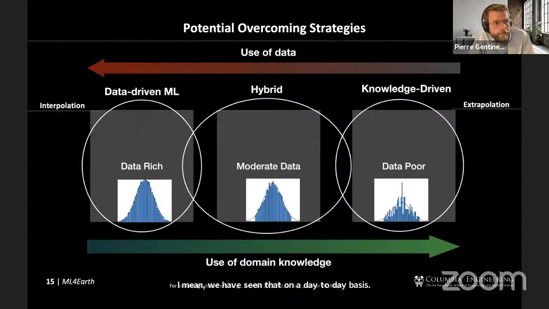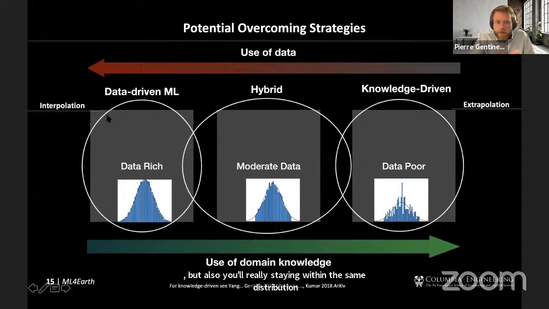So maybe one way to tackle that would be, what if we were to infuse a little bit of the knowledge we have? We are not in the dark. We have years and decades and centuries of physical knowledge, and maybe we could infuse some of that. The typical machine learning algorithms are really sitting here on the left-hand side, where you have so much data, and you're also staying within the same distribution, so you can just deal with the data, and that will do an amazing job.